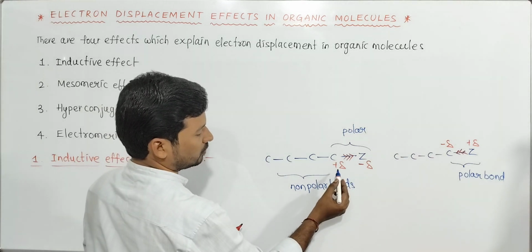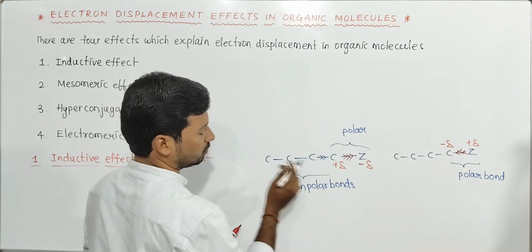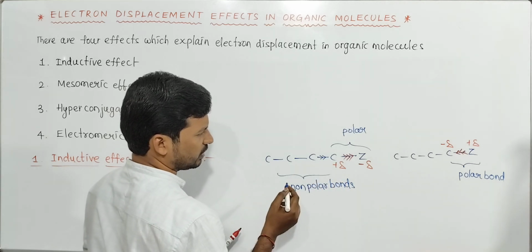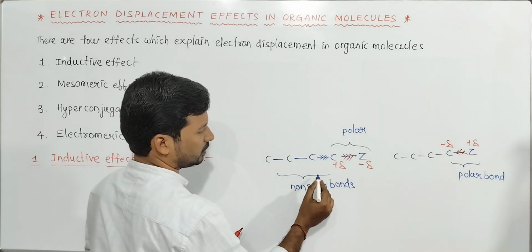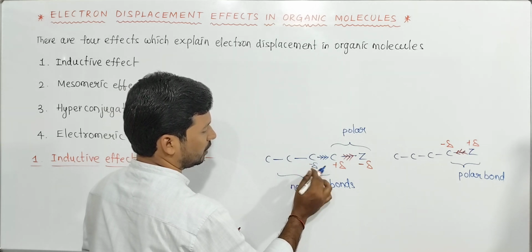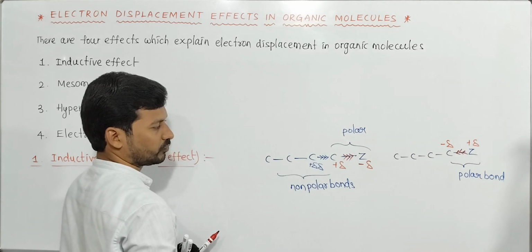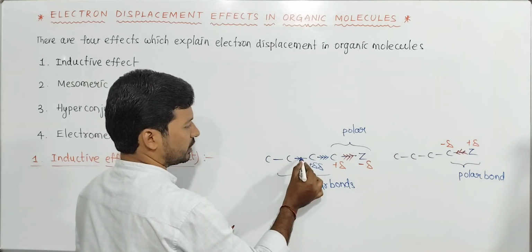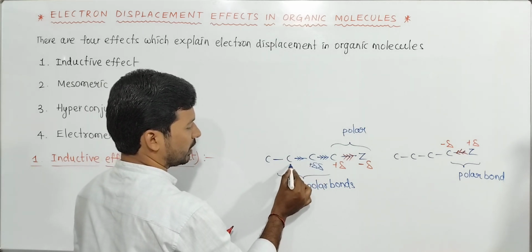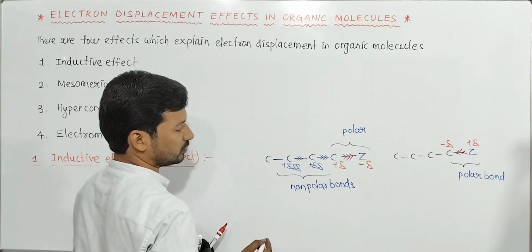Since it is partial positive, it attracts the bond pair electron towards itself like this. Then this carbon becomes partial positive. Then this bond shifts towards this carbon, so this becomes partial positive, very less positive.